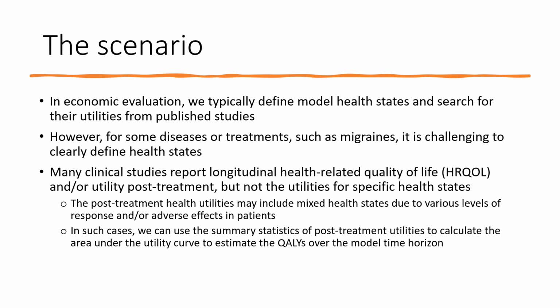Also, many clinical studies report longitudinal health-related quality of life or utility post-treatment, but not the utilities for specific health states. The post-treatment health utilities may include mixed health states due to various levels of response and/or adverse effects in patients. In such cases, we can use the summary statistics of post-treatment utilities to calculate the area under the utility curve to estimate the QALY over the model time horizon.